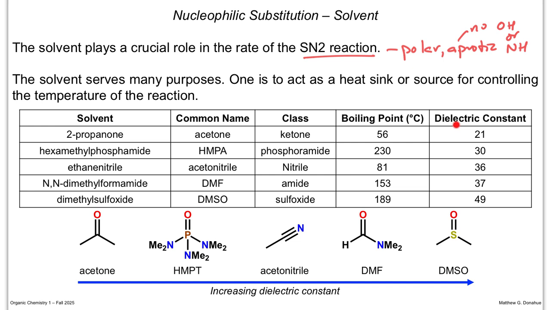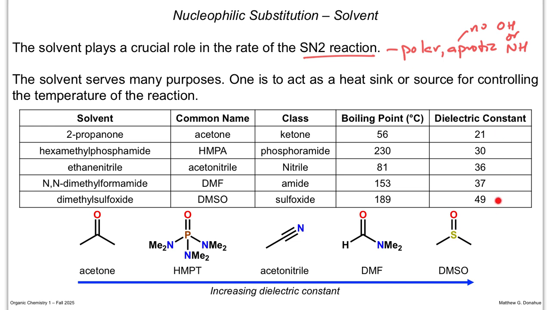This other thing which may be new is called dielectric constant. The way that I like to think about this is just the permanent dipole moment of the molecule. Because we're talking about ionic reactions and the mechanism is polar, so you have these anions present, you want a solvent that's going to help facilitate the mechanistic intermediates along the reaction coordinate.